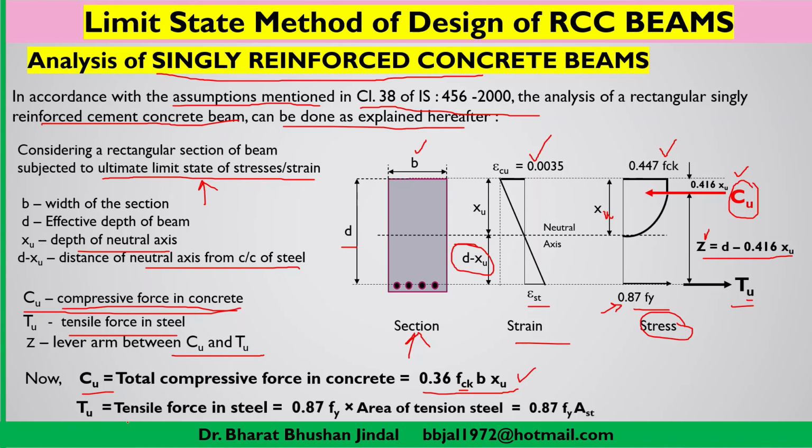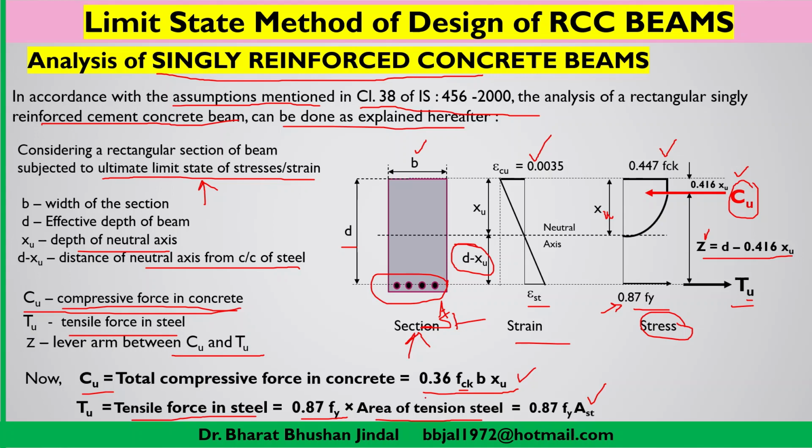Similarly, Tu is the tensile force in steel, which is given by the tensile stress in steel and the area of tension steel which you have provided. You have to calculate the area of steel, which is given by the symbol Ast. When you multiply the area of steel by the ultimate tensile stress in steel, you get the formula 0.87 fy Ast.